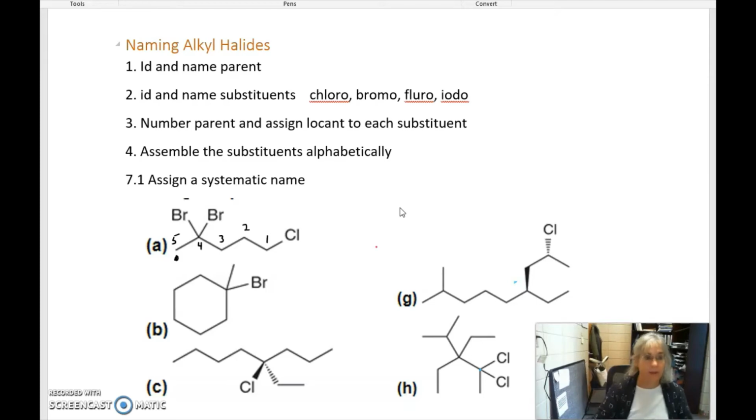And it's better to have a 1 and 2 4s. So this thing is going to be alphabetical. So we'll start with 4,4-dibromo. And then it's going to be a 1-chloro. And it's a pentane.